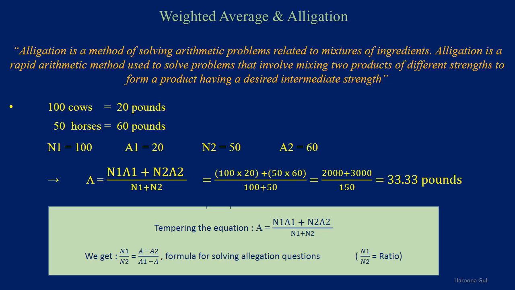Let's suppose we have 100 cows with an average weight of 20 pounds and 50 horses with an average weight of 60 pounds.